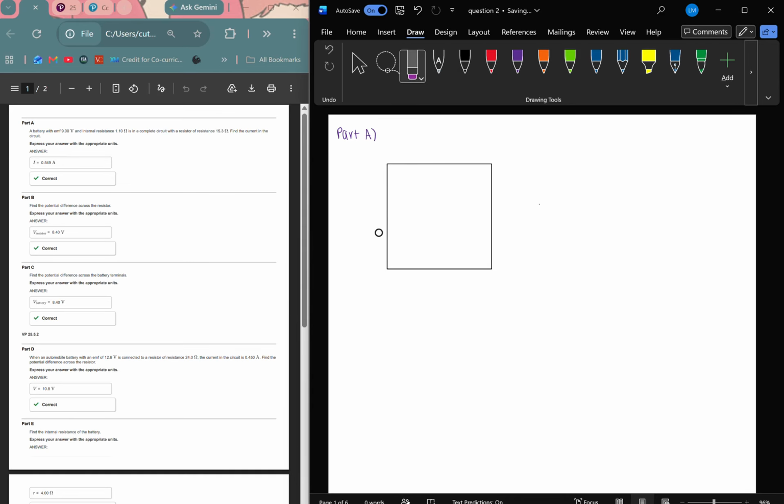Okay, so the battery is 9.00 volts of electromotive force. So that's the maximum I guess it can hold. So let's draw the battery. I normally just put lines.